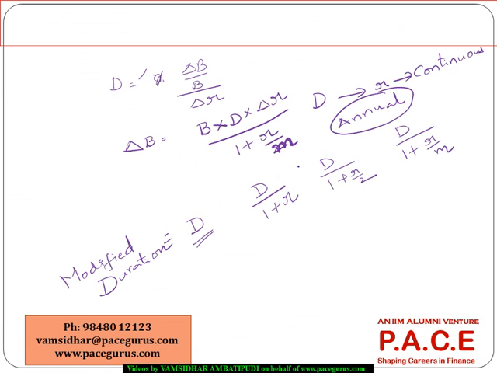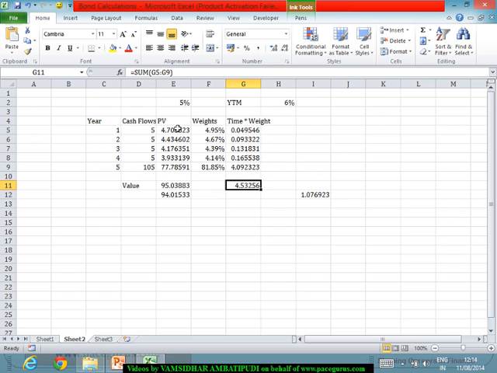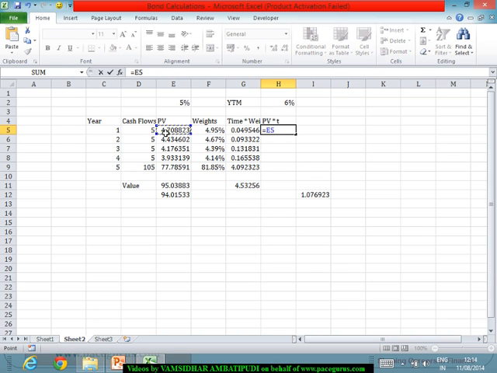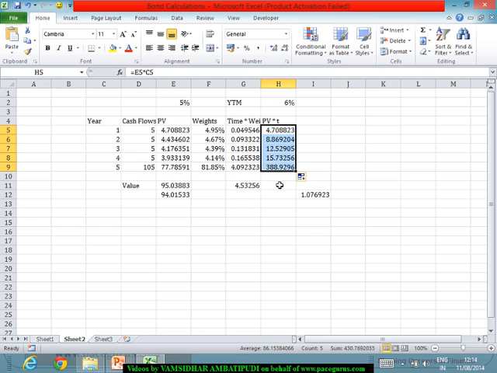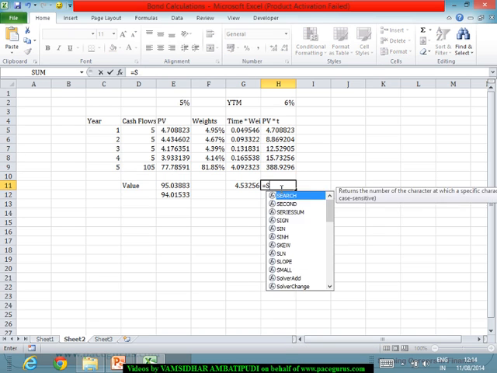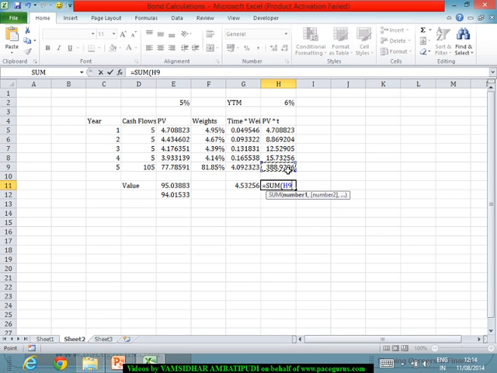The other way I could have looked at it is I compute the present value for each period, multiply it with the time, so these are the numbers, sum it up and divide it by the price.